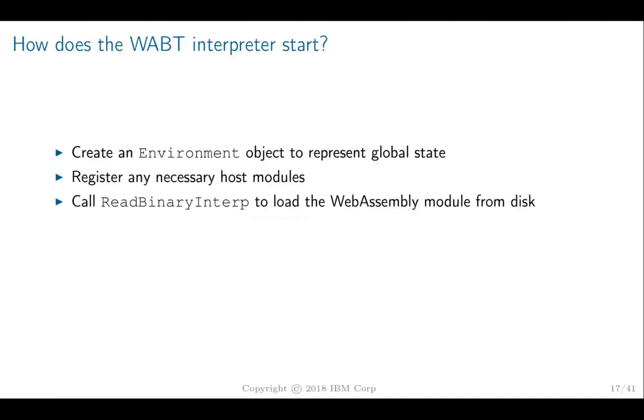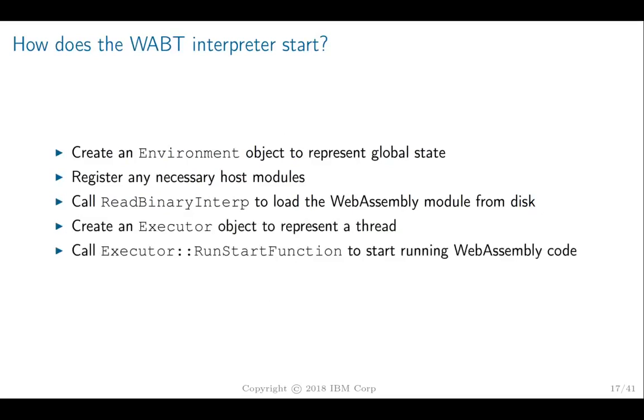You call this function called read binary interp, which reads a WebAssembly binary file from disk and loads it into memory. You create this object called an executor, which represents a thread in WebAssembly. And then you call this aptly named run start function, which just starts running WebAssembly code. Just go off and do it.